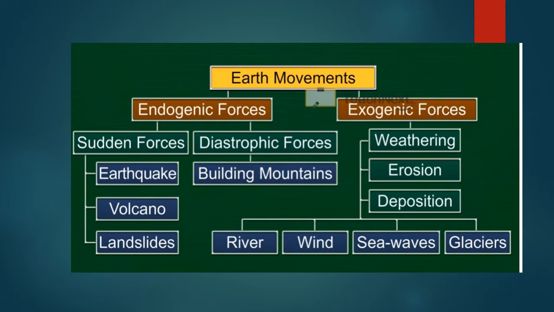Children, we have learned two theories. One was the theory of continental drift, and the second was the theory of tectonic plates. According to Alfred Wegener's theory of continental drift, he proved that earlier all the continents were joined together to form a supercontinent called Pangaea.